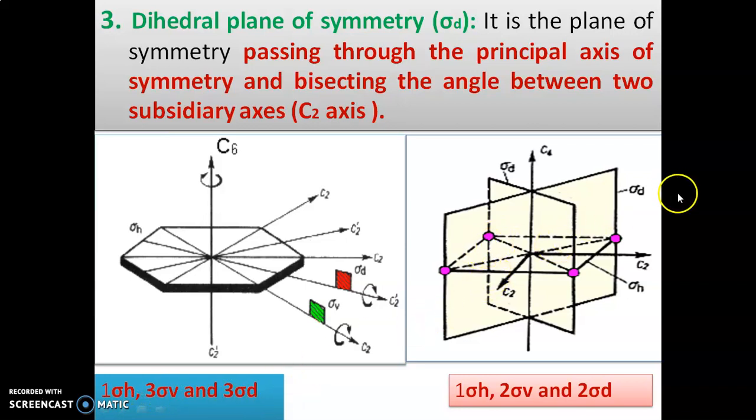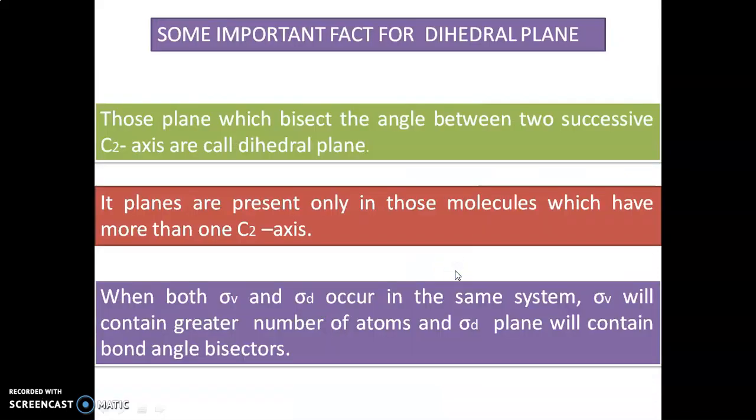This is a square planar molecule, and in this way we have 1 sigma h, 2 sigma v and 2 sigma d. Here are the 2 sigma d planes, bisecting this way and this way. Okay, and some important facts are given here for the dihedral plane.